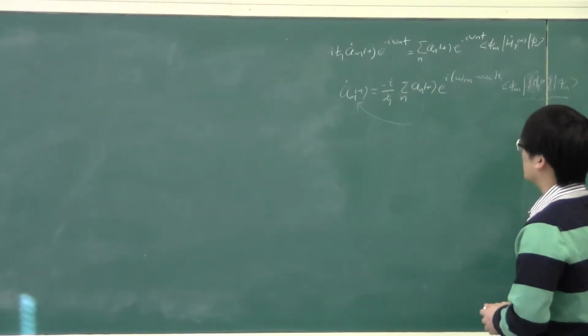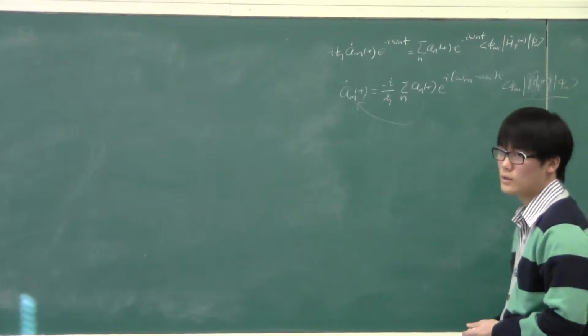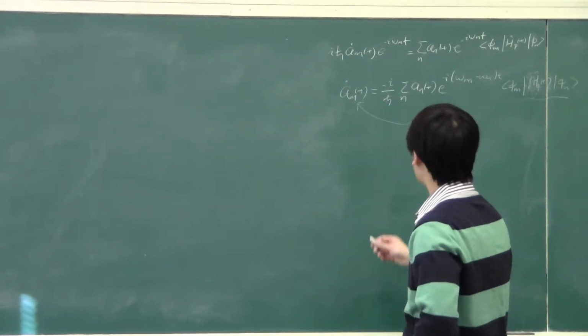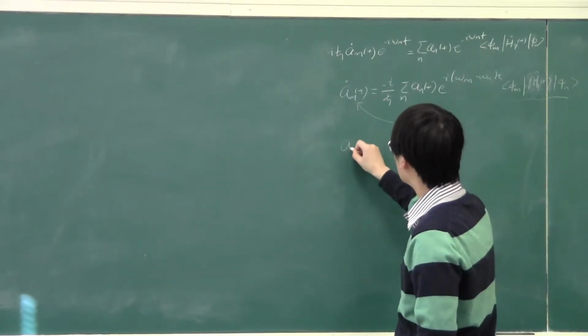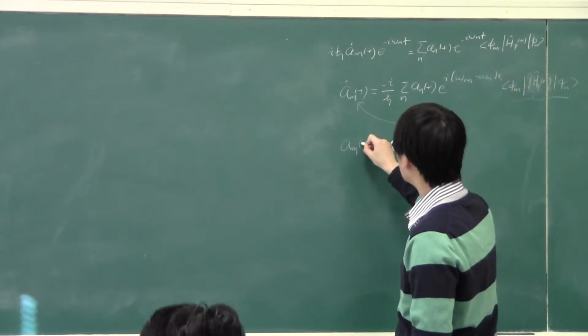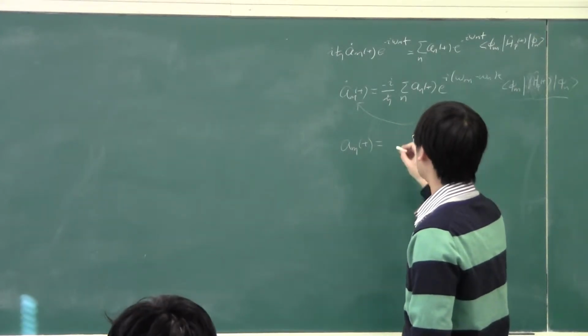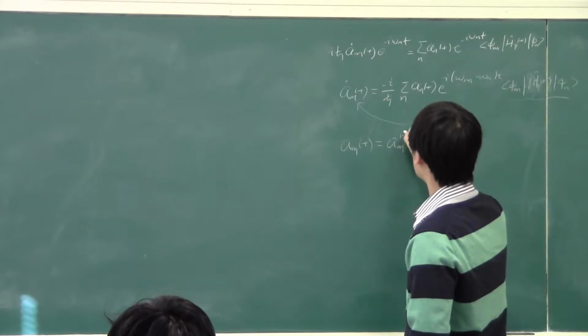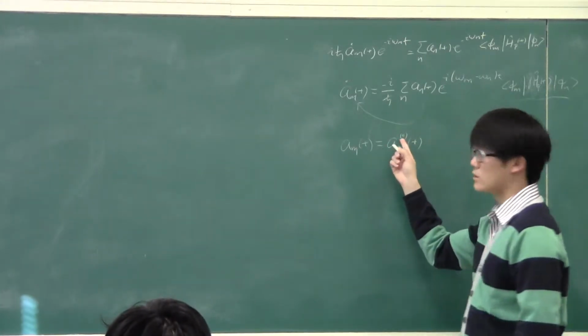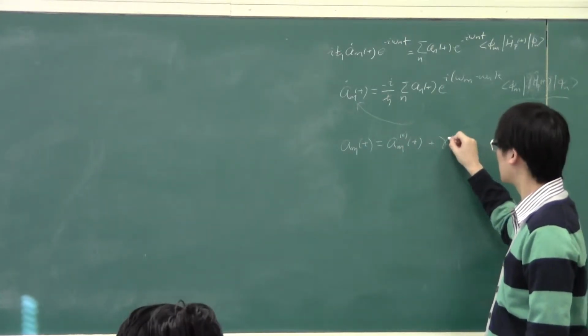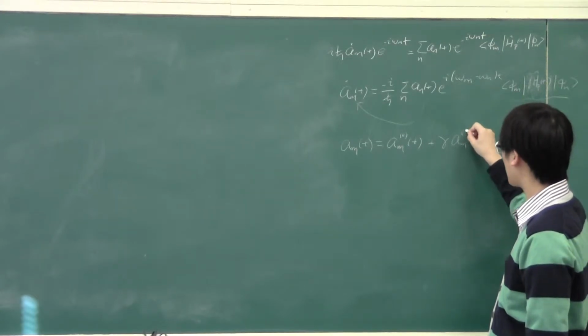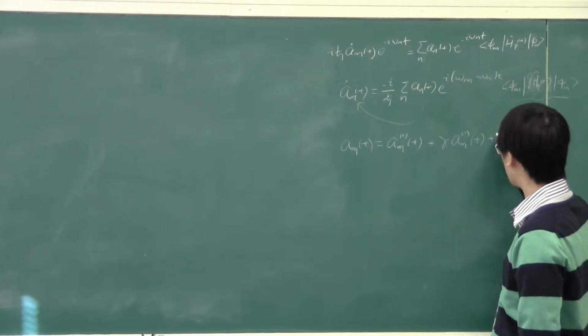So let's do expansion in terms of the powers of this gamma. So I'm going to have this, and let's use the usual notation. Zeroth order. First order.